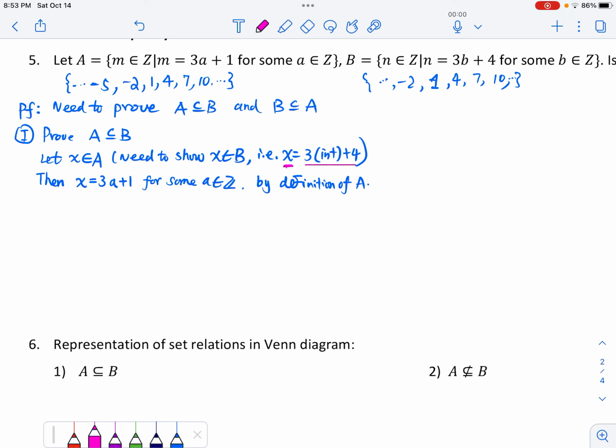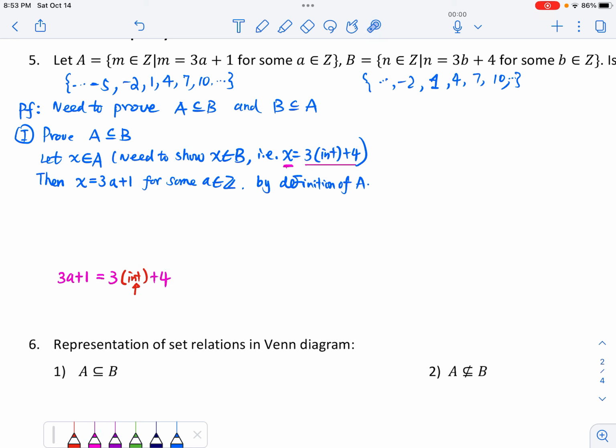In other words, the x that you've chosen, which is 3a plus 1, you want it to be written as 3 times some integer, an integer that you need to figure out, plus 4.